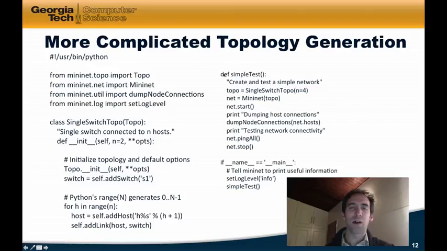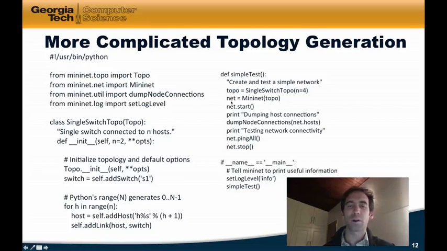The Python file then also has a method called simpleTest, where we invoke that class constructor to create the topology with an argument n equals 4. Meaning that we will have 4 hosts connected to that single switch topology.